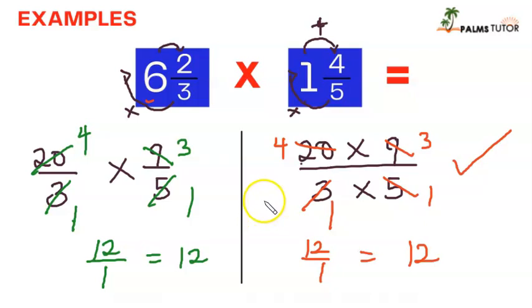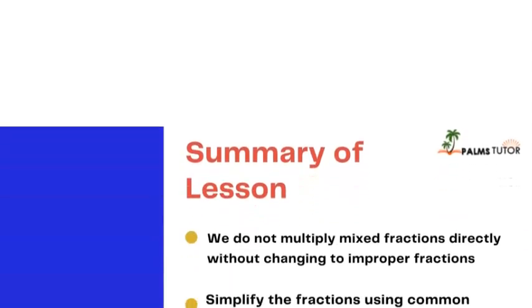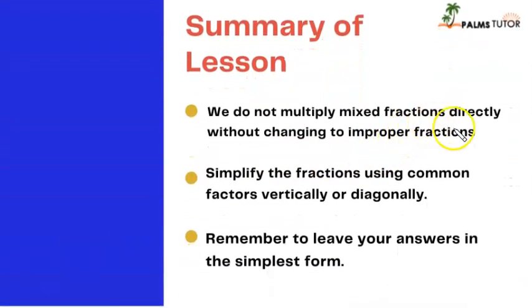Okay, so for multiplying fractions, we only have to change mixed fractions to improper fractions. We do not multiply mixed fractions directly. That would be wrong. And then simplify the fractions using common factors, either vertically or diagonally. Never horizontally, never, because that's multiplication, not division.